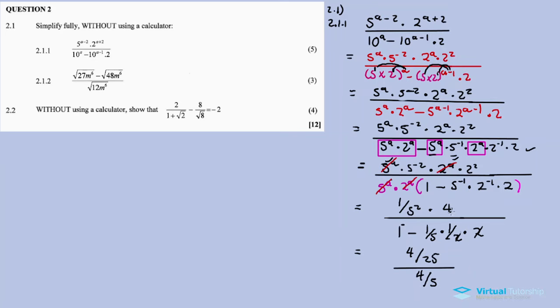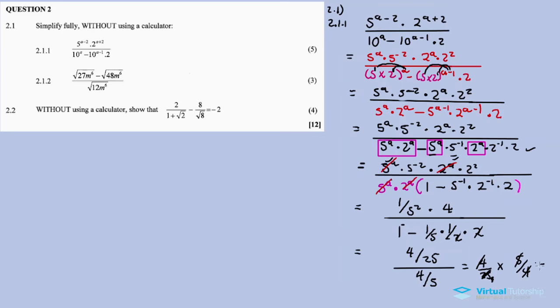Then I simplify these fractions by dividing: 4 over 25 times the inverse of the denominator, which is 5 over 4. The 4 cancels the 4, and 25 divided by 5 is 5, so the 5 cancels, leaving 5 and 1.